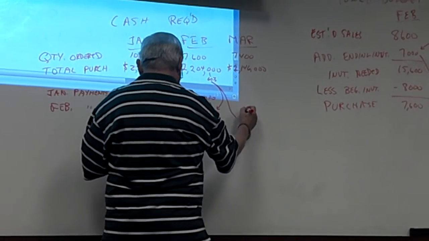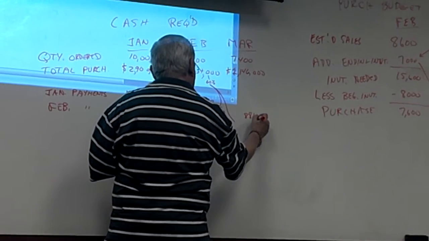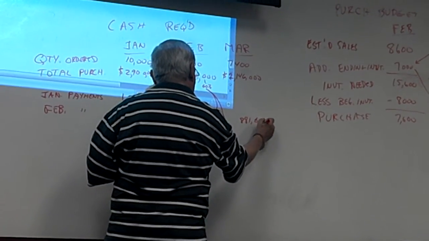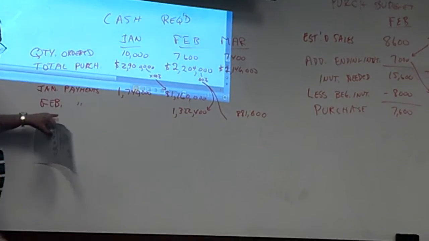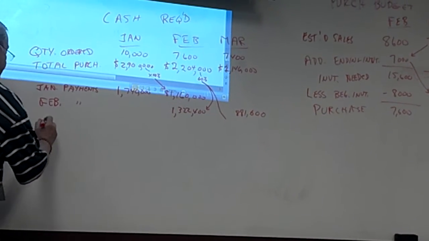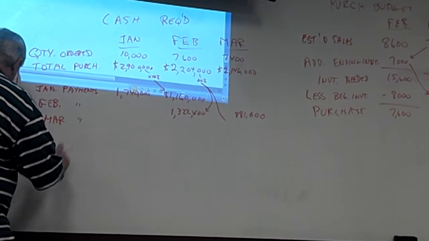881,600. How much? 881,600. Okay, so February payments, I should drop that down. March payments.